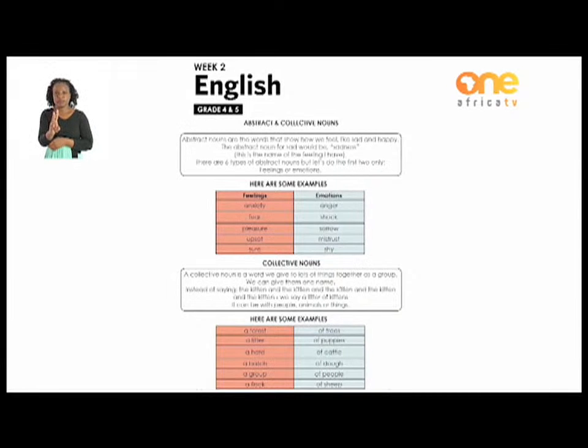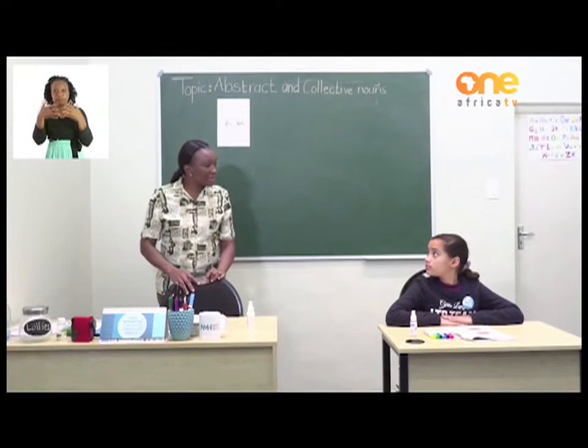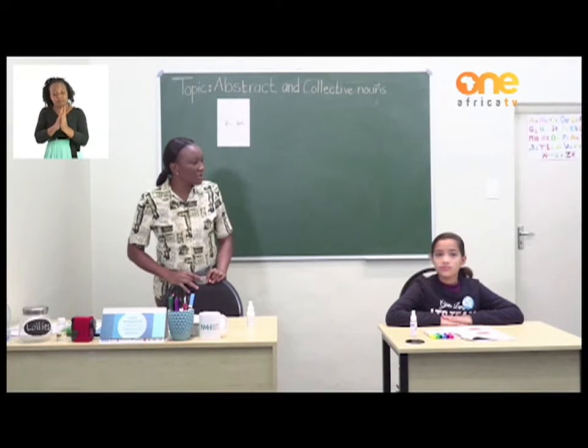You can see there are examples of collective nouns. Now, instead of saying the kitten and the kitten and the kitten and the kitten, we say a litter of kittens. Chanel, do you have few examples of collective nouns?